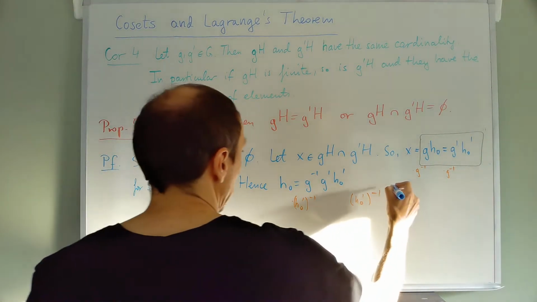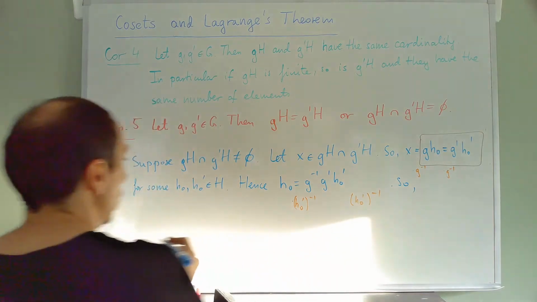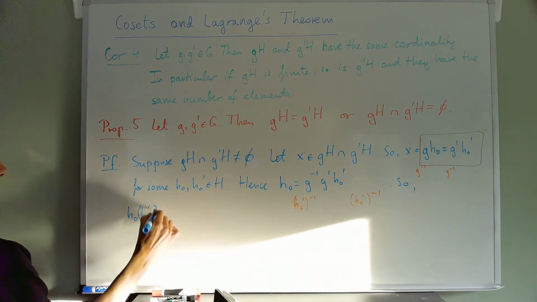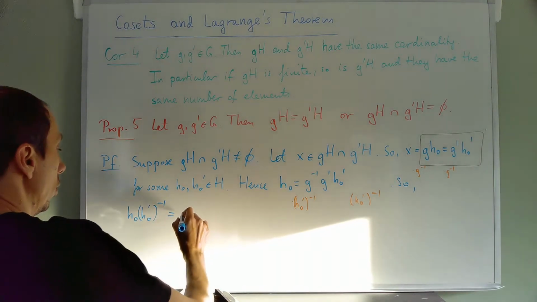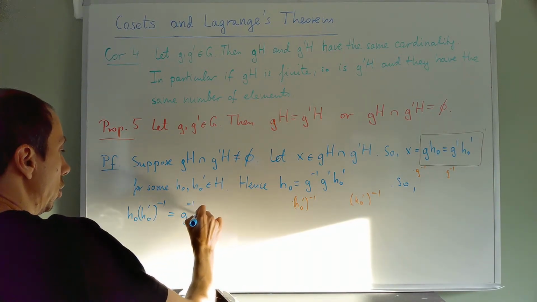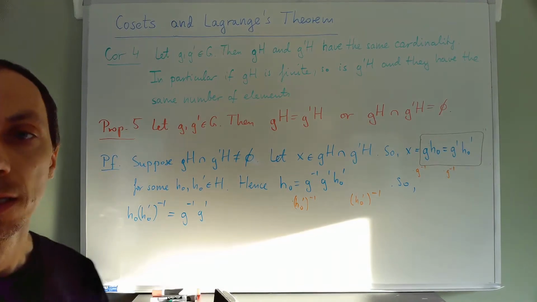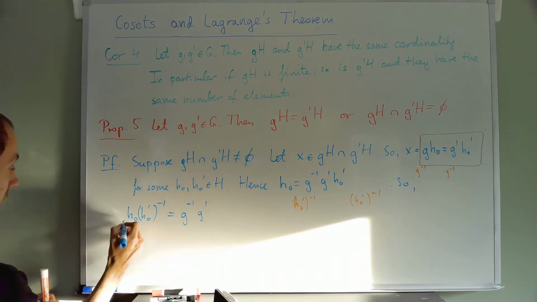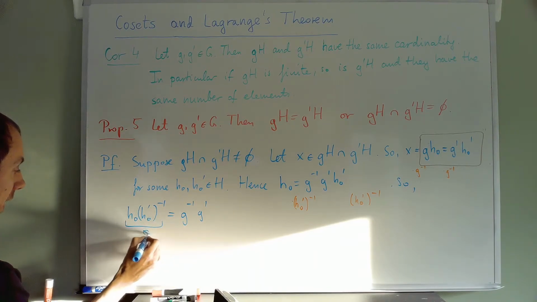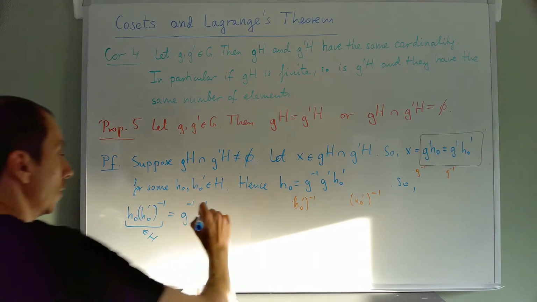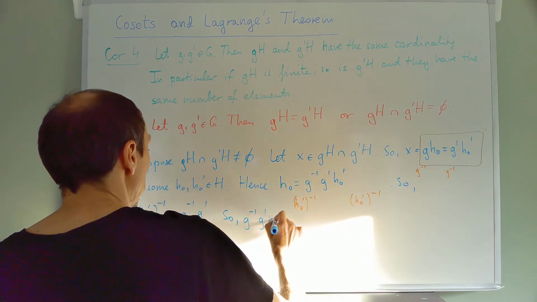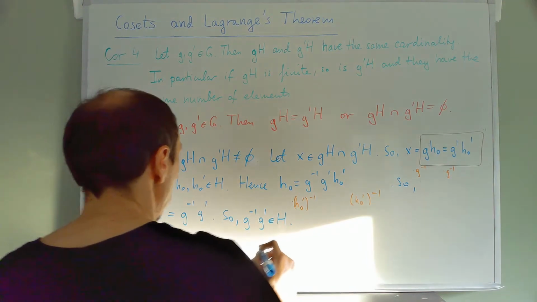So I get that h0 prime inverse is equal to g inverse g prime. Aha, okay. So g inverse g prime is equal to that, but this is an element of H. So g inverse g prime belongs to H.